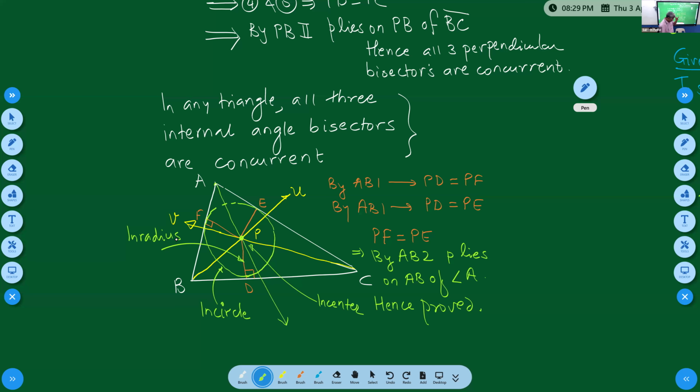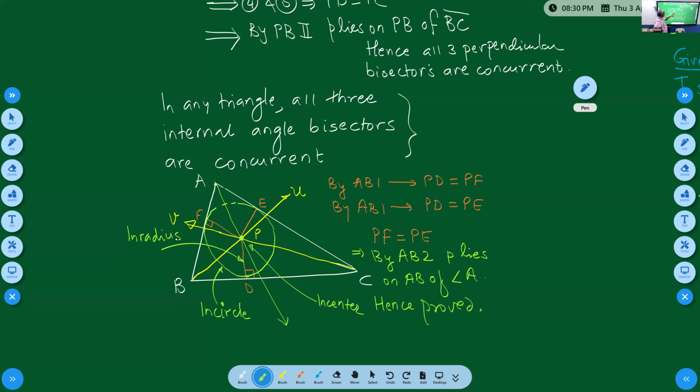So the moment we get concurrency, we get a circle. Earlier we got the circumcircle. Now we got the incircle. So this is also a unique point in the plane of ABC, from where you can draw a circle which is tangent to all three sides.